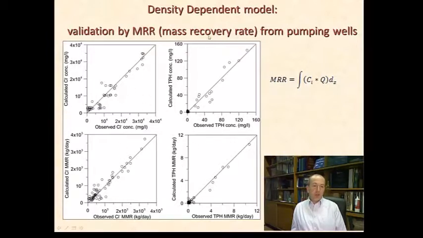So if you look at the mass recovery rate, you have an additional tool for validating your model. We are not only taking into account the concentration in groundwater, but you have to also take into account the concentration, the mass recovery in your pumping wells.